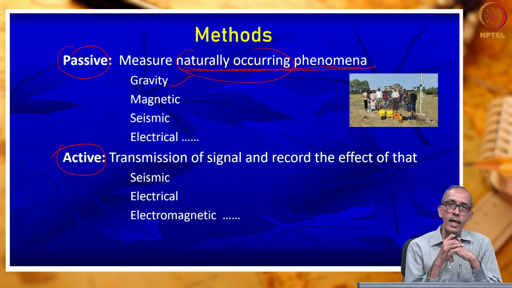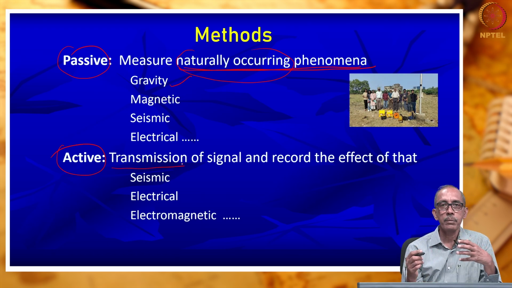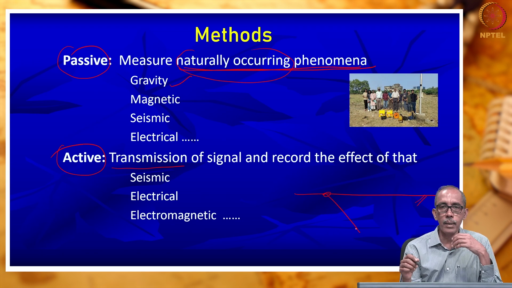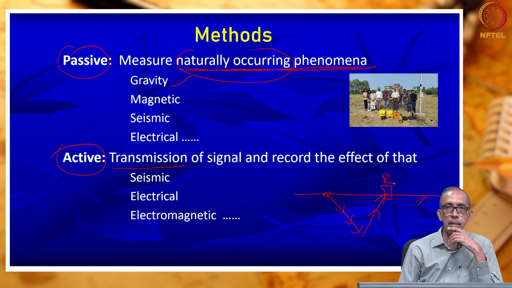Then what is an active method? In an active method, we are going to transmit some signal, as we had seen on the previous page. This is the surface of the earth. From here you are going to transmit some signal. That signal goes in and gets back to the surface. Here you have some receiver and measure that.